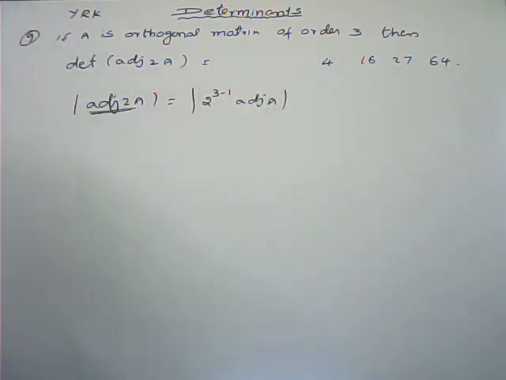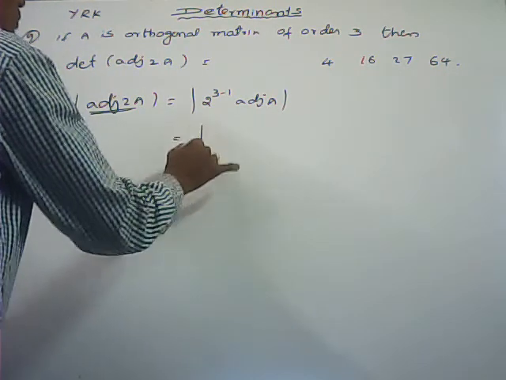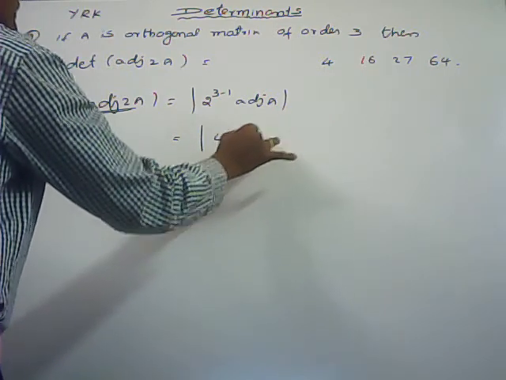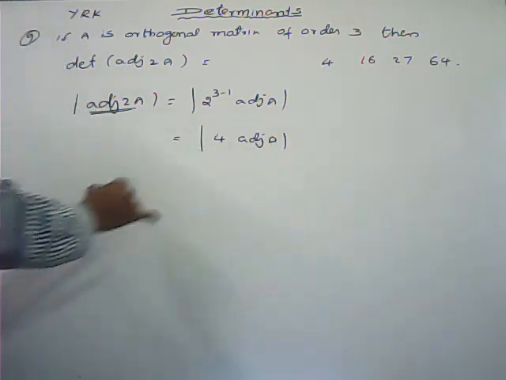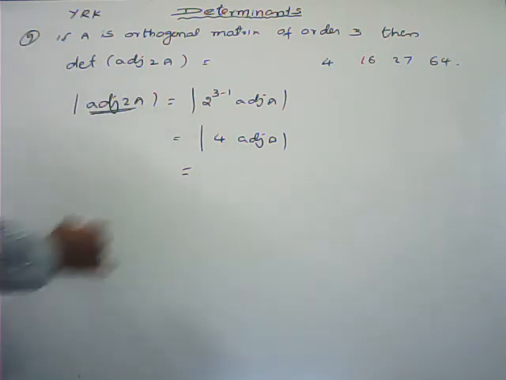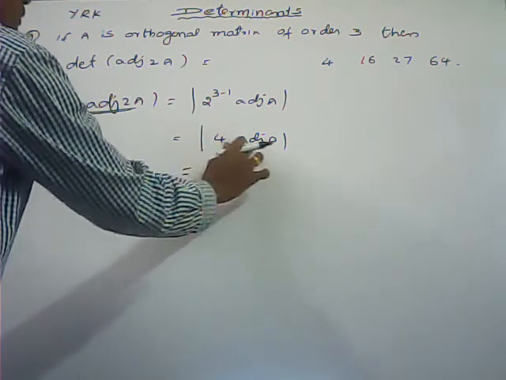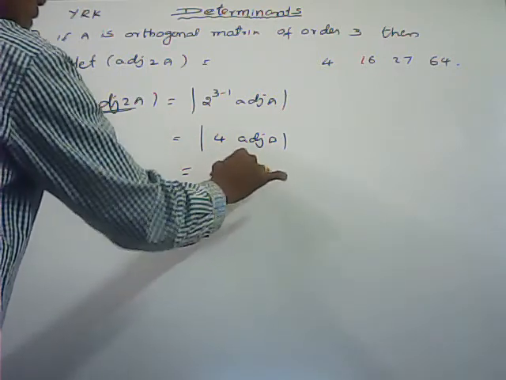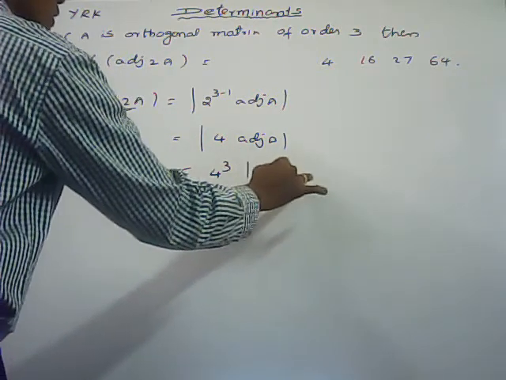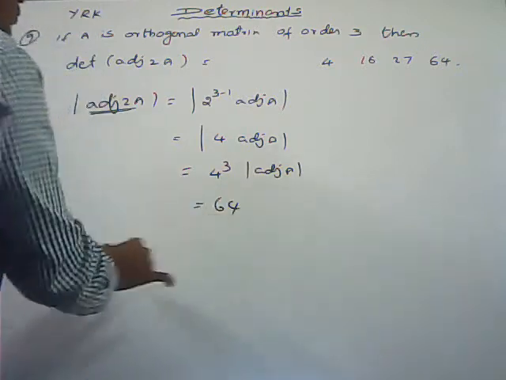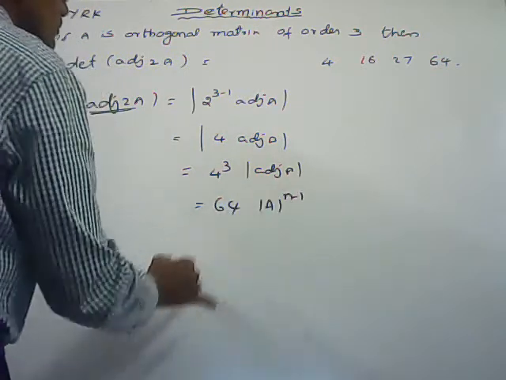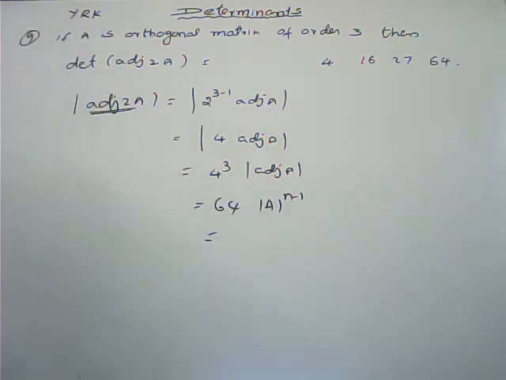Adjoint of K is equals to K power n minus 1 into adjoint of A. That is equals to 2 power 2, 4, into adjoint of A. That is equals to, here det of K into A, K power n, 4 power 3 into det A, det of adjoint of A. That is equals to 64 into det A whole power n minus 1. Det of adjoint of A is equals to det A whole power n minus 1.